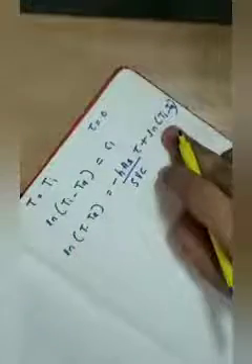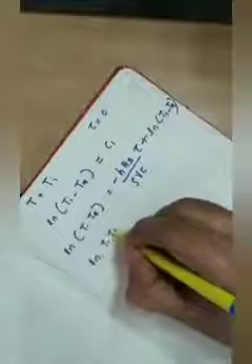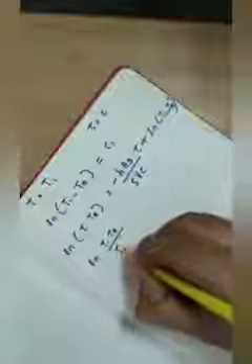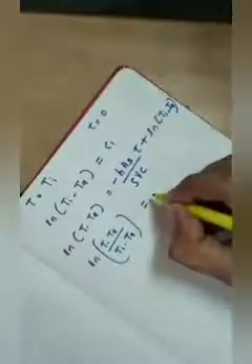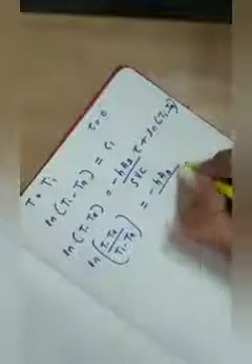There is another log term, so we can combine them together: log of T minus Ta divided by Ti minus Ta is equal to minus h As by rho V c tau.